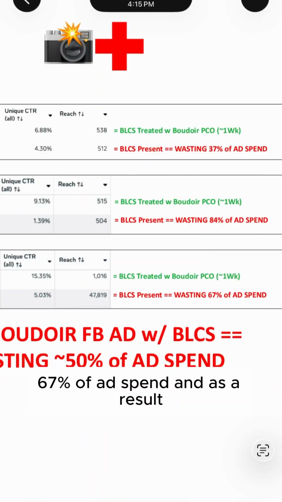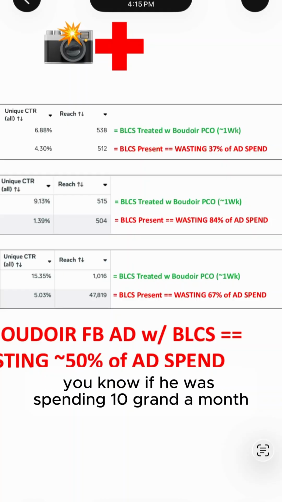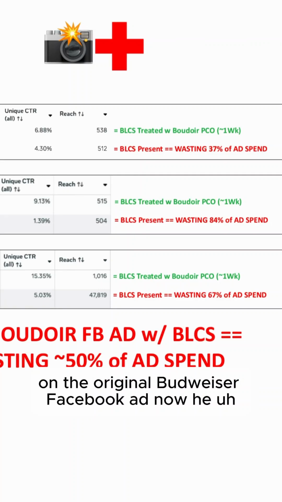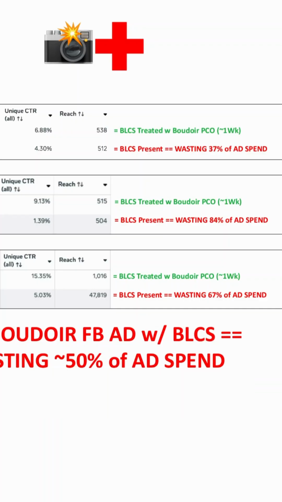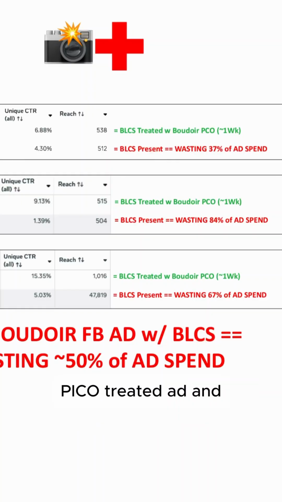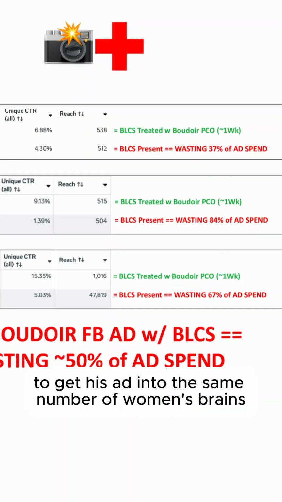So we found out the original Boudoir Facebook ad was wasting 67% of ad spend. And as a result, if he was spending 10 grand a month on the original Boudoir Facebook ad, now he only needs to spend $3,300 a month on the Boudoir Pico treated ad to get his ad into the same number of women's brains.